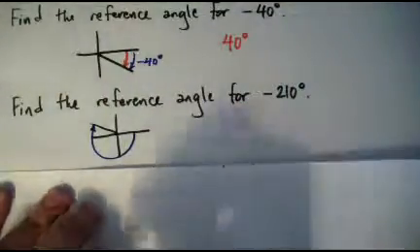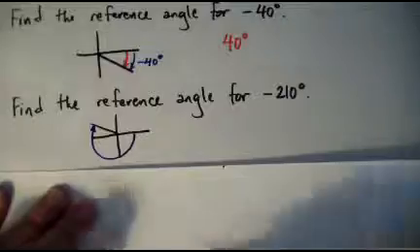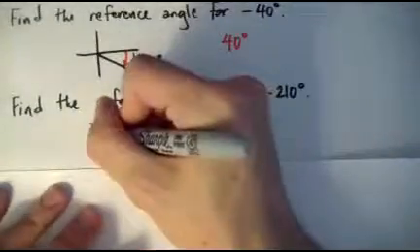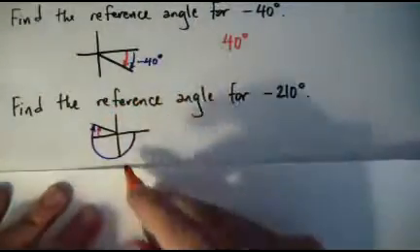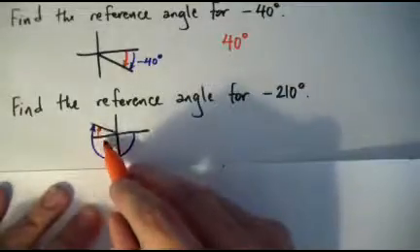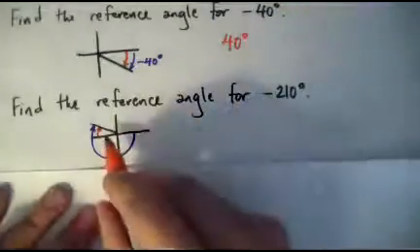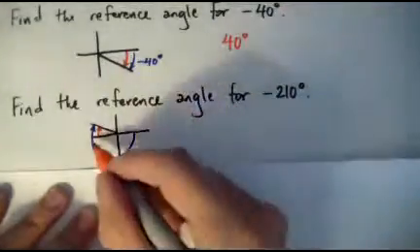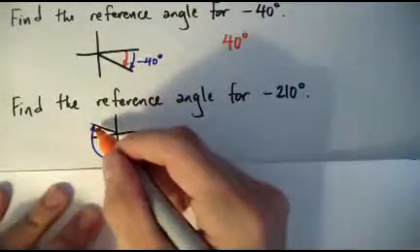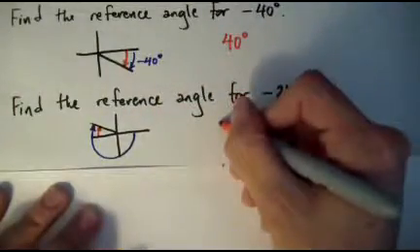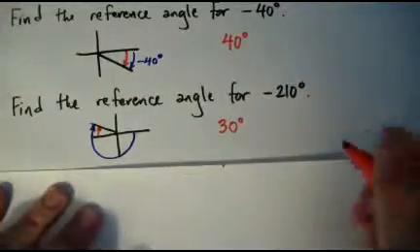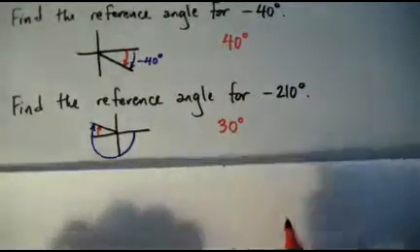And so our reference angle is just that extra little bit that it goes past 180. That difference there is going to be just 30 degrees, because minus 180 is there, and minus 210 goes a little bit beyond. So 30 degrees is going to be our reference angle there.